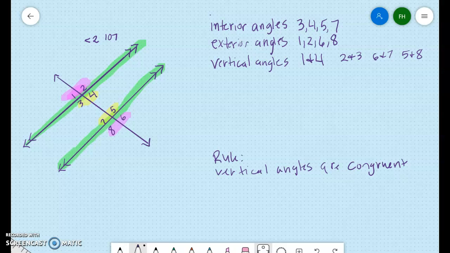Now we also have, I think they call it supplementary. I'm seeing if that was on there. Yeah. So you have supplementary angles, which add up to 180.